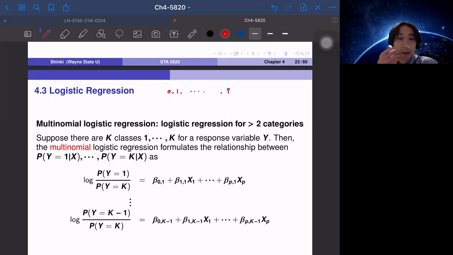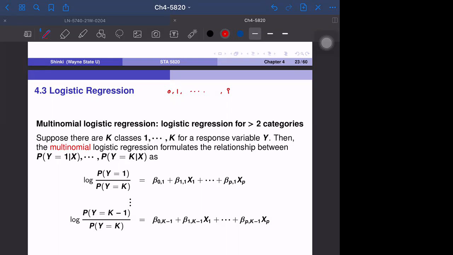In 6840, how many of you have taken 6840? Jacob has taken it, right? Yes, I have been in that class.